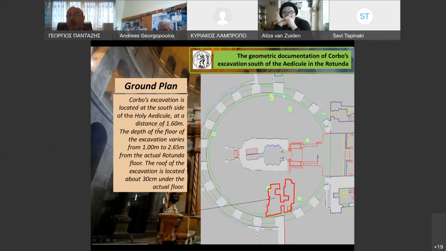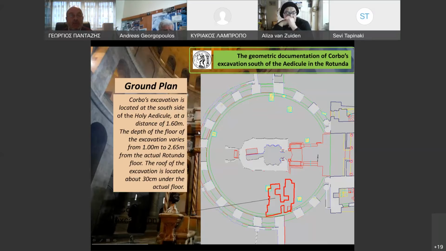The length of this excavation is about 1060 meter. The depth of the floor of the excavation varies from 1 meter to 0.65 meter. And the roof of the excavation is located about 30 centimeter under the actual floor.